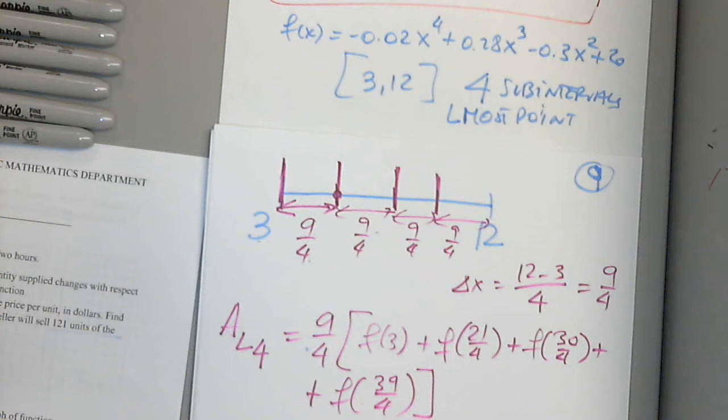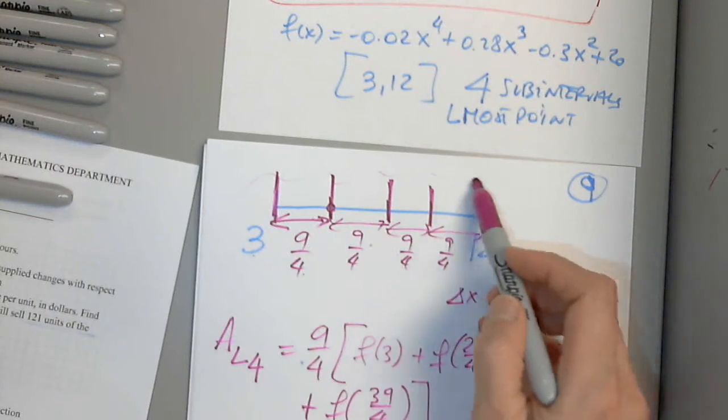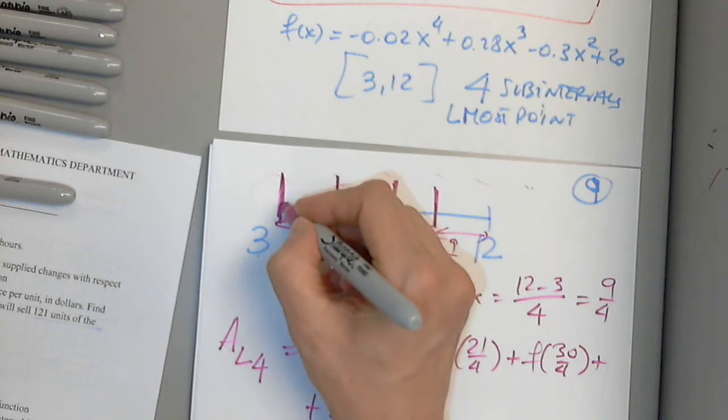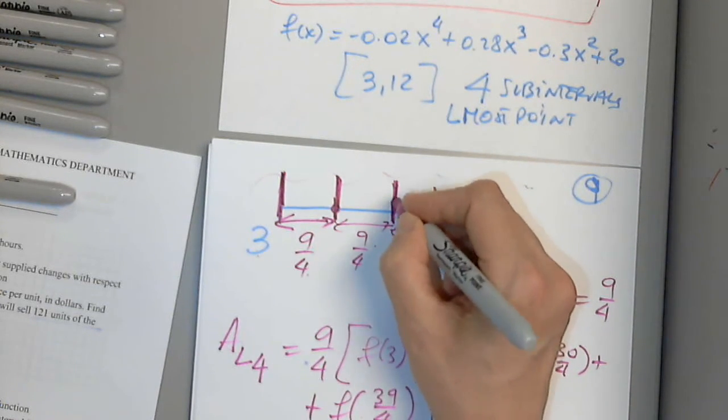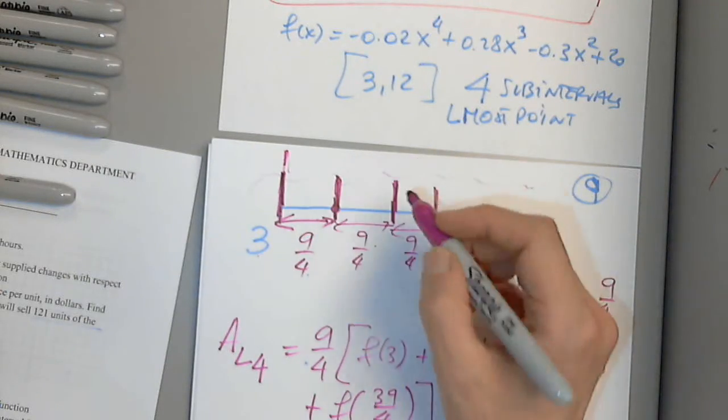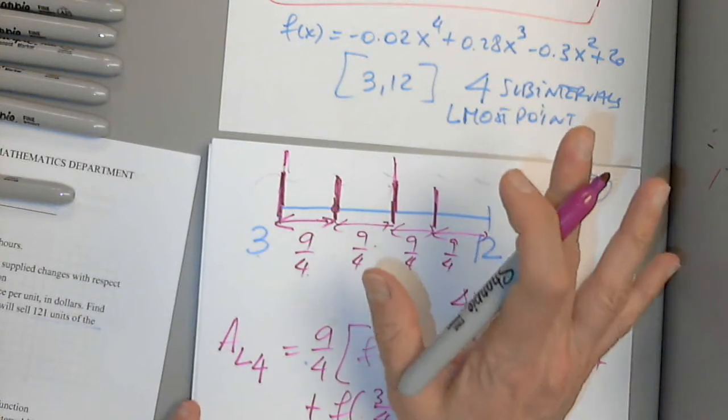Now let's see if we understand what we're doing. You understand we did not graph the function. So the function is somewhere here. But the first rectangle has this height. The second rectangle has this height. And the next has, I don't know how high. I don't care. It doesn't matter.